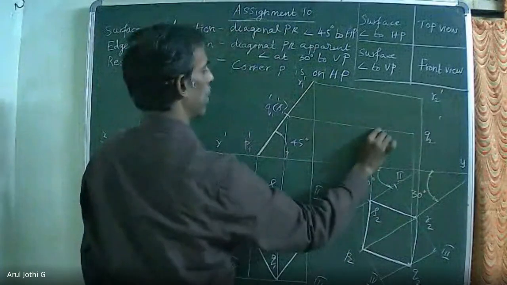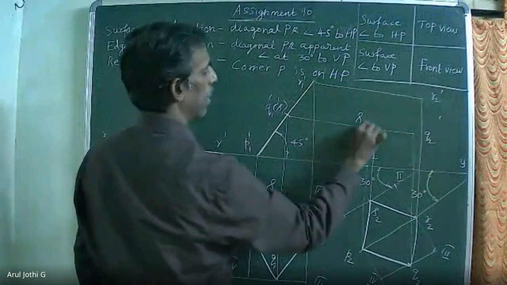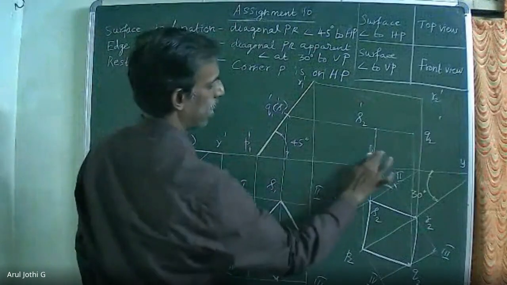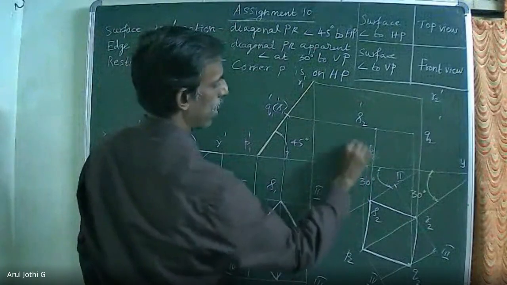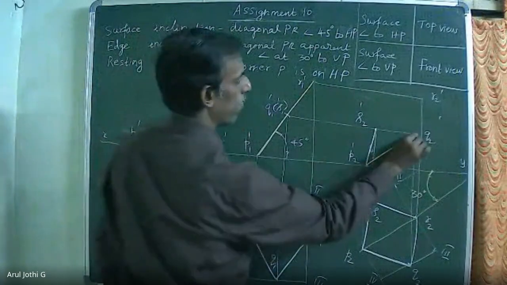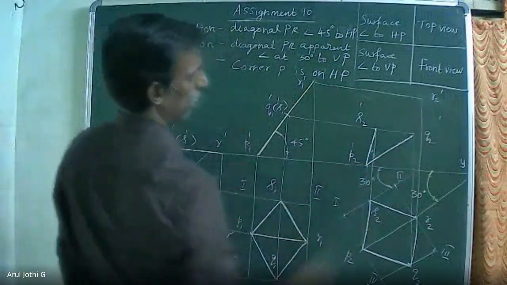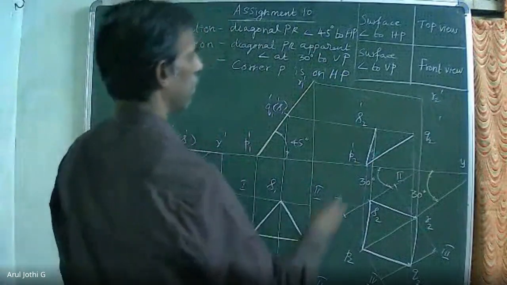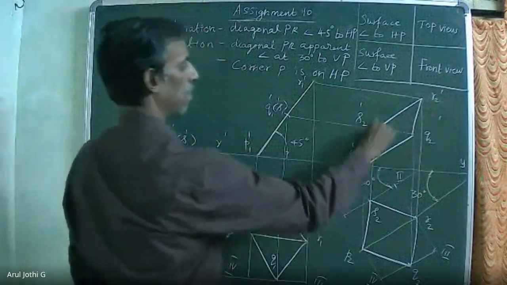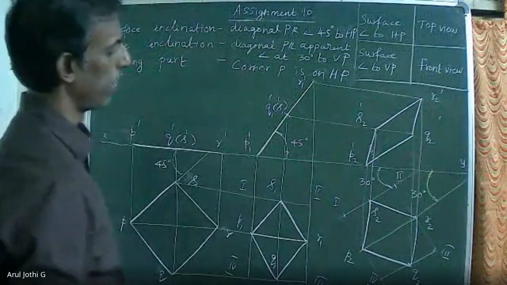And S, S2 dash. Now join all the points. This will be your final front view.